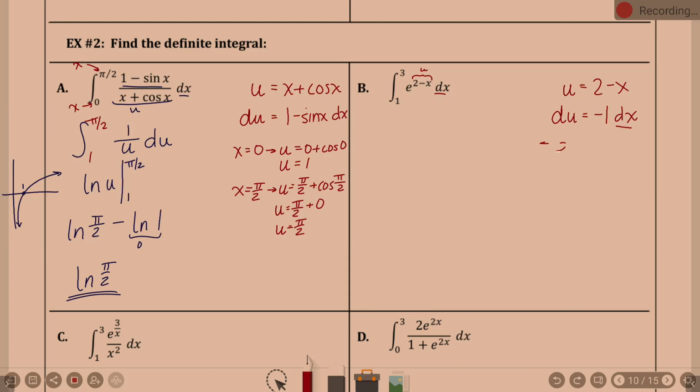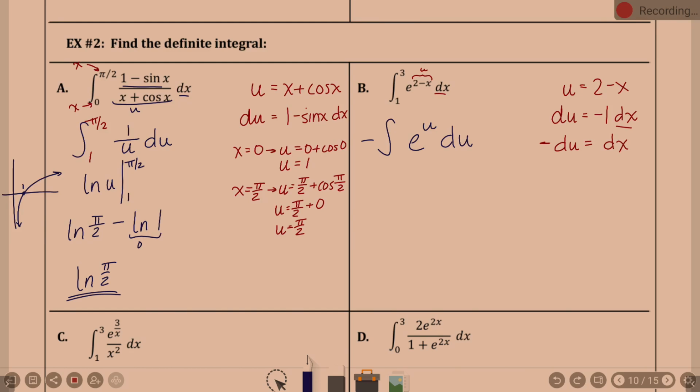No. So negative du is equal to positive dx. e is still going to be here: e to the u, and then dx is represented by negative du. So it's negative integral of e to the u du.